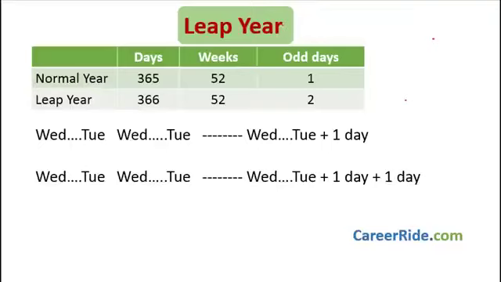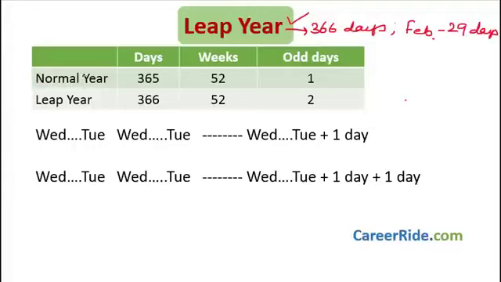Okay. So now that we have seen a normal year, let us talk about a leap year. All of us know that a leap year is a year that contains 366 days, because it has a February that contains 29 days, right? Now let us take a look at this table.